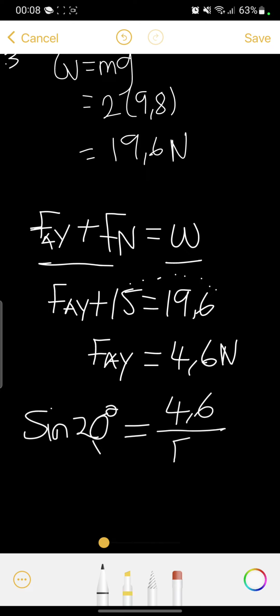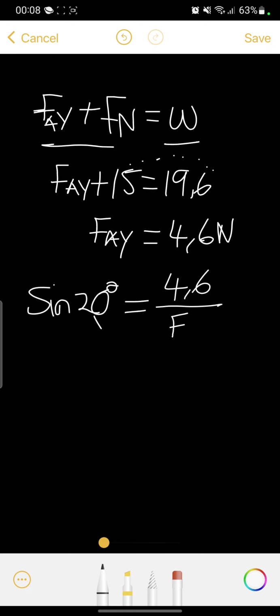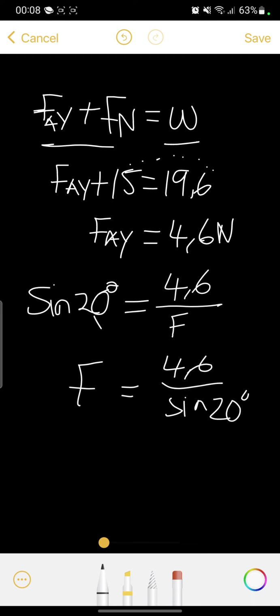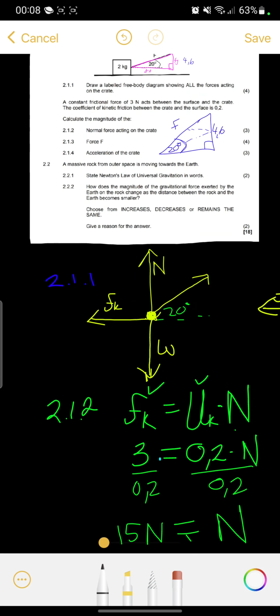Our hypotenuse is the F that we're looking for. So if we make F the subject of the formula, we're going to get 4.6 over sine 20 degrees, and as we type that on our calculator, we're going to get 13.45 newtons. So we've done that.